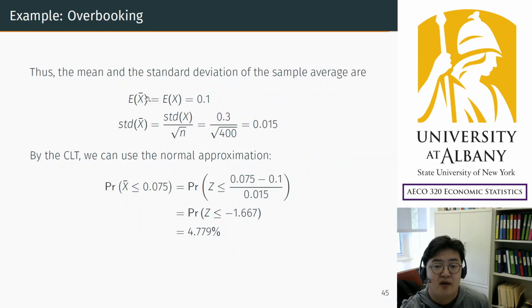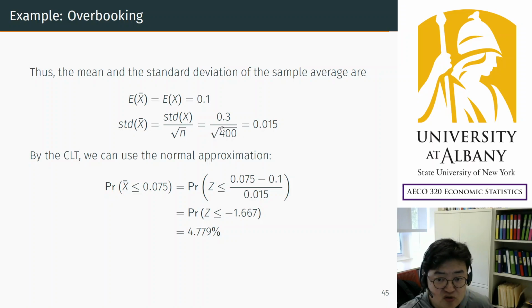Okay. Then the expectation of the average of 400 reservations is the same, and the standard deviation of the average of 400 reservations is the standard deviation from a single reservation divided by the square root of the sample size, which is 400.